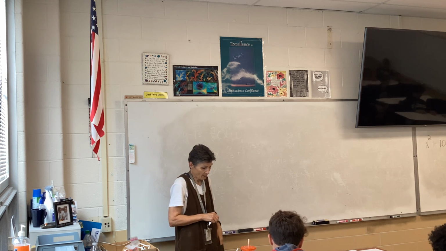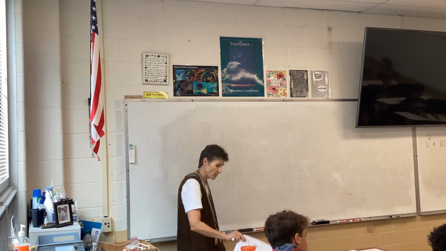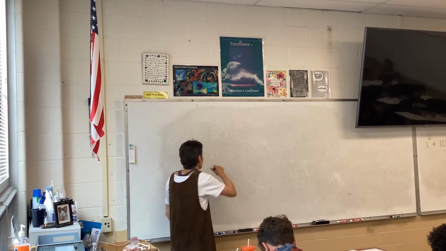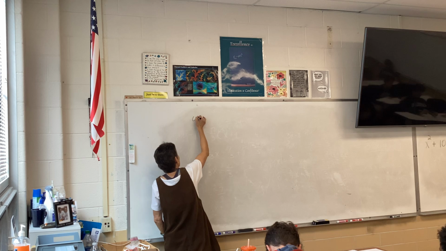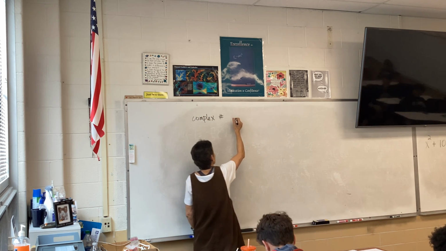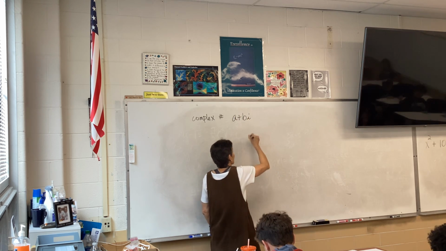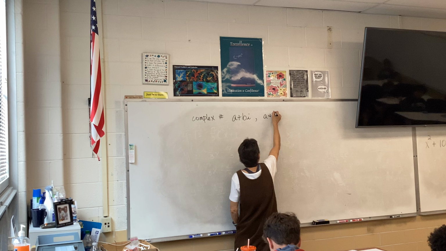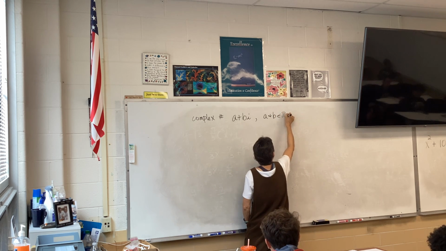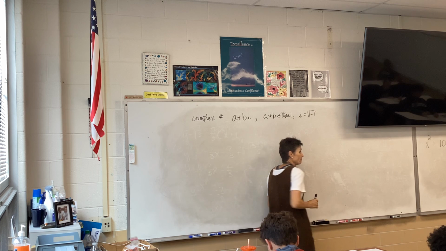Equal complex numbers, conjugate, powers of i. Those are vocabulary type things that we have to talk about. So first of all, let's refresh our memories. A complex number is of the form a plus bi, where a and b are real, and i is the imaginary unit, right?